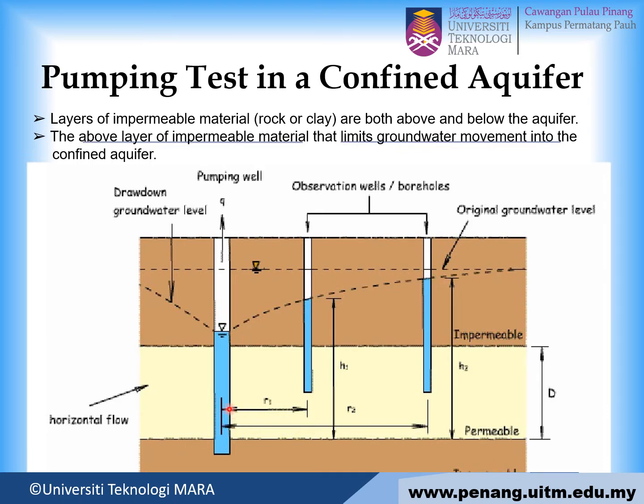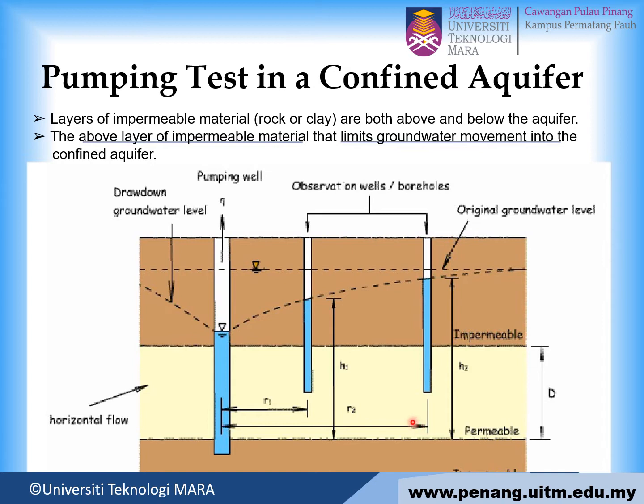Alright guys, look at this. This is R1. R1 is the radial distance from the pumping well to observation well number 1. This is R2, the radial distance from the pumping well to observation well number 2.